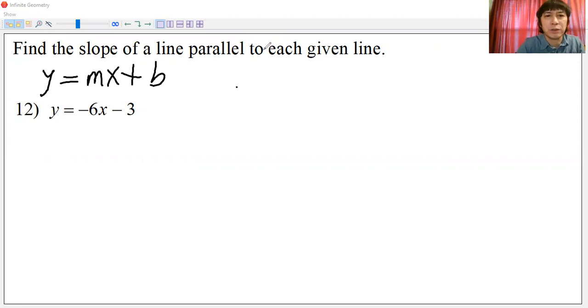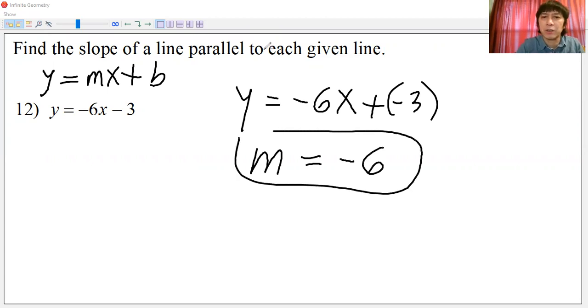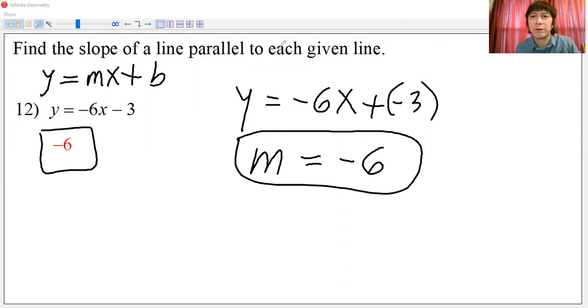And you can see this is y equals -6x plus -3. And so the slope of a line parallel to this line also has the slope -6. And that's the answer. When you have parallel lines, the slopes are identical, and we can verify that there. The answer is -6. All right, let's continue with the next type of questions.